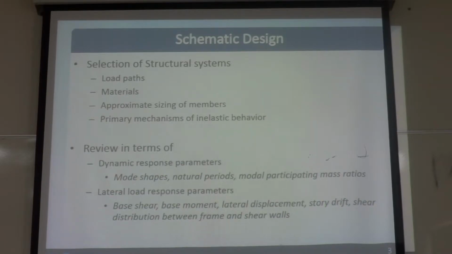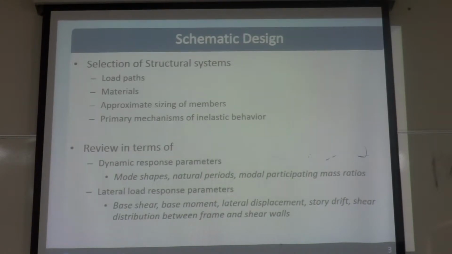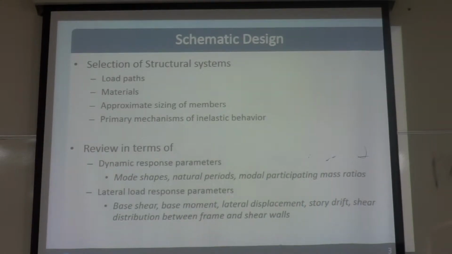In terms of dynamic response, we conduct the modal analysis and check the mode shapes, natural periods, modal participating mass ratios of the building. If the mode shapes and natural periods are not acceptable, we have to revise our structural system. For example, we use the structural system, dual system like core wall, as well as the moment resisting frame.